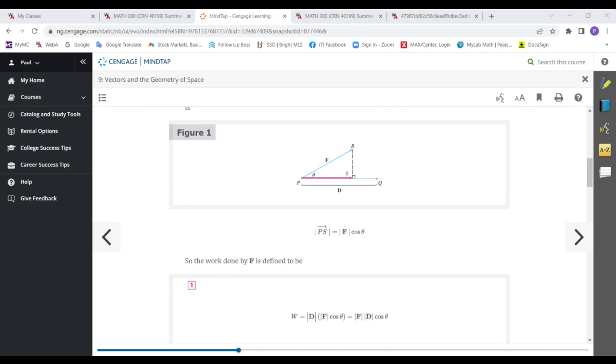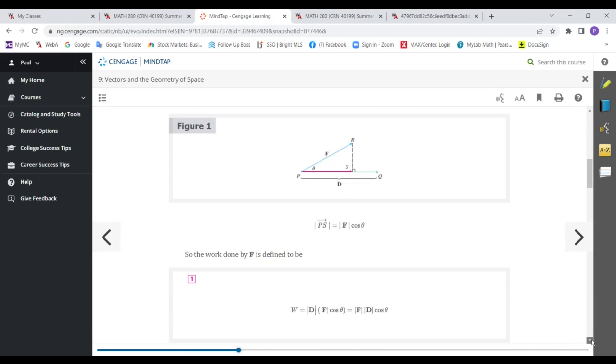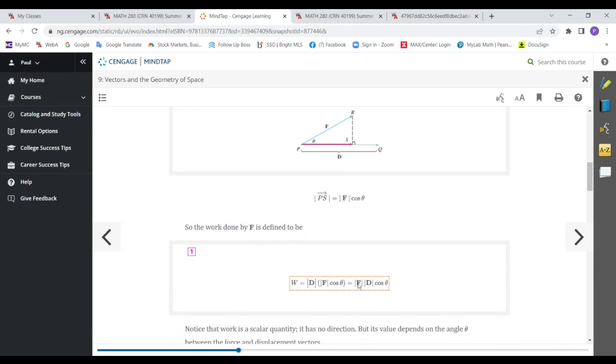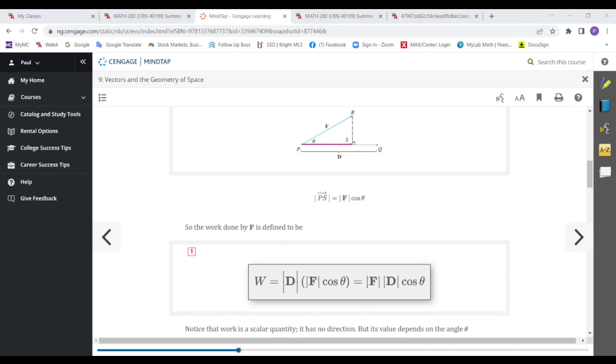And so the work done in moving the object from point P to point S using the force vector at that angle is as follows.